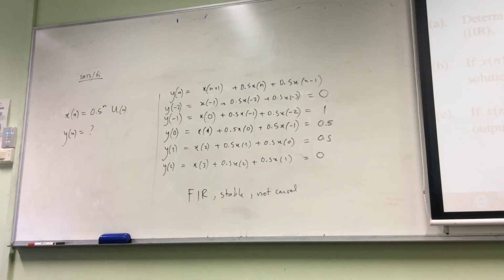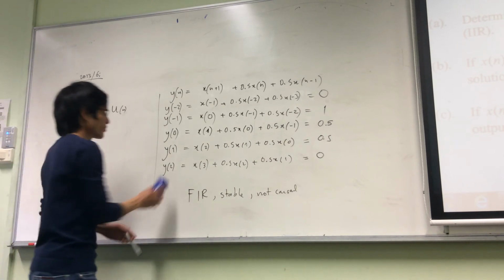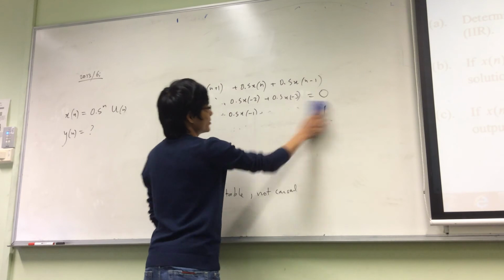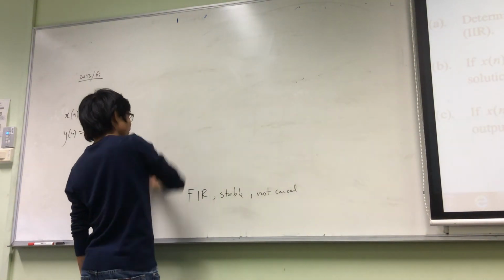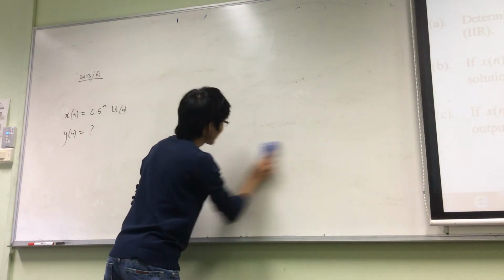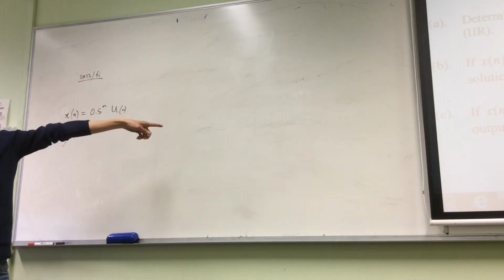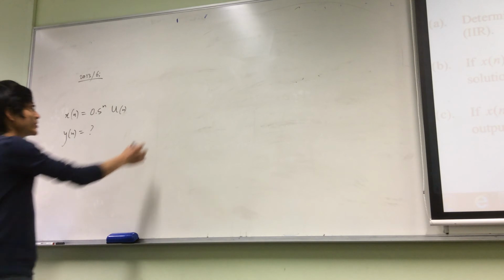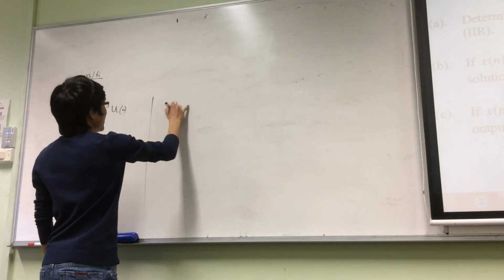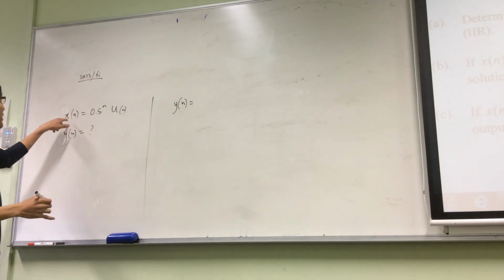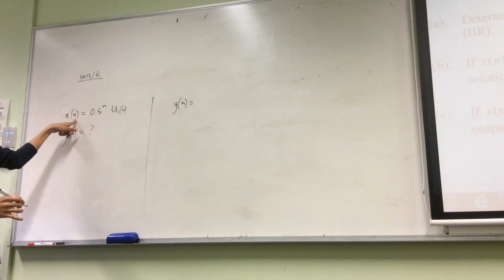How to do this? What is the easiest way you can think of? The easiest way is to substitute this exactly into the formula. So you got y[n] equal to x[n plus 1], so I will substitute any n by n plus 1.